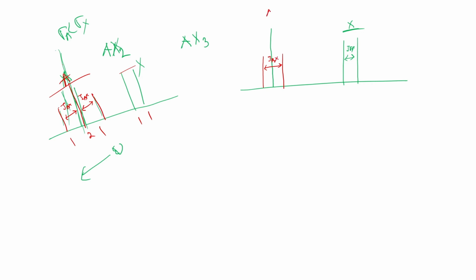For A. Now the first X couples and splits it into 2. Now the second will again couple and split this into 2. Here 1, here 1, 1 for this and this will be 2. So 1 is to 2 is to 1.